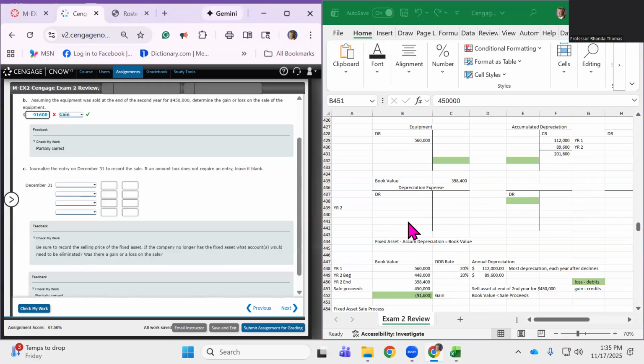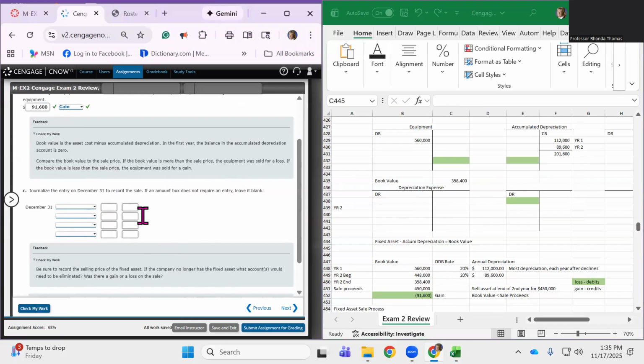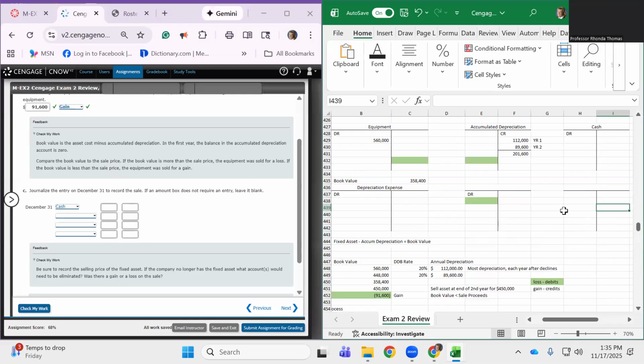So now here comes the journal entry to record the sale. I always put cash in first. Cash is going to come in for $450,000. We've got to get rid of accumulated depreciation, 201,600. We've got to get rid of the equipment.